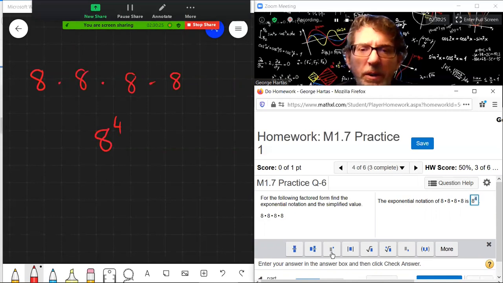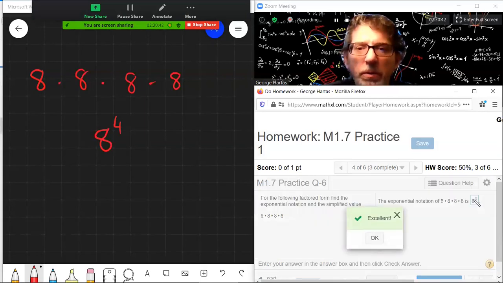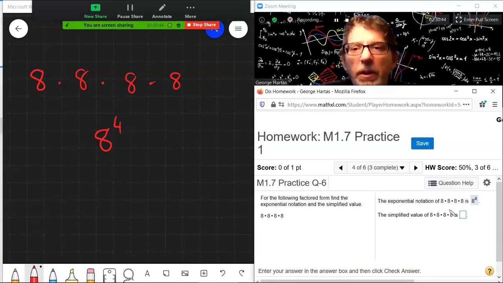The caret, that's a shortcut on the keyboard. So a lot of these have shortcuts on keyboards, just so you know. All right, so we typed in 8 to the 4th power, and let's make sure that works. It does.